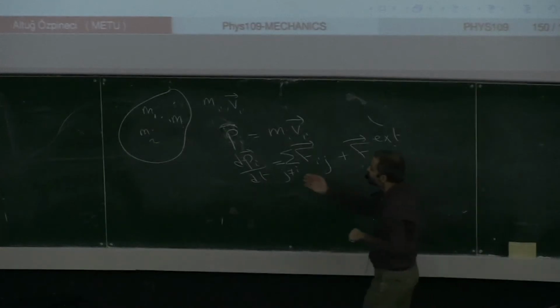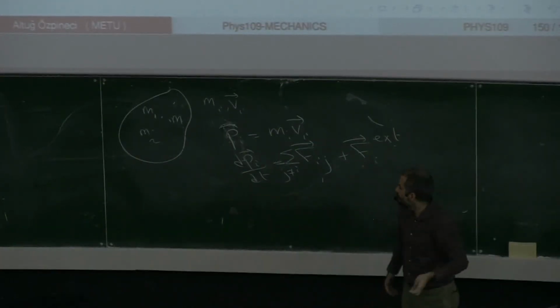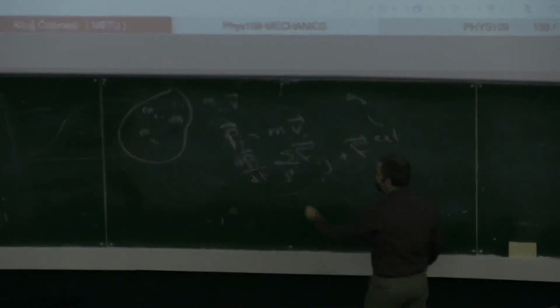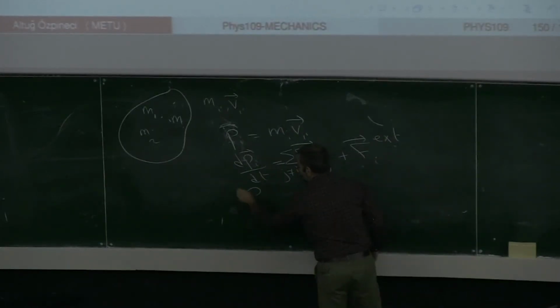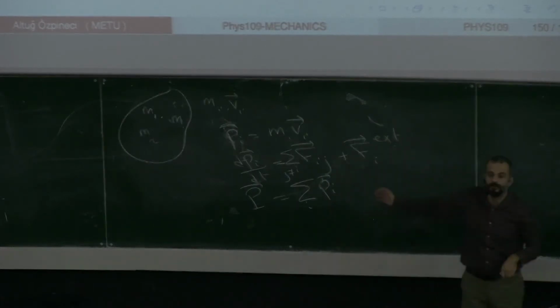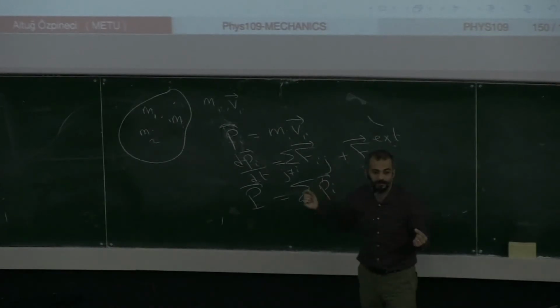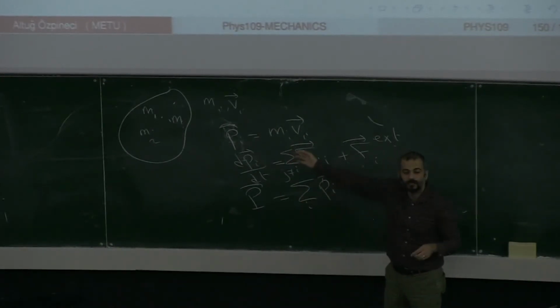So this will be the rate of change of the momentum of the ith mass. Now, if I define the total momentum of my system as the sum of the momentum of each one, I'm basically doing two things. We had already discussed the example of two masses. Now I'm generalizing it to many masses.